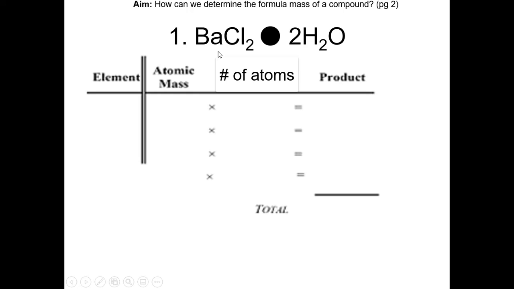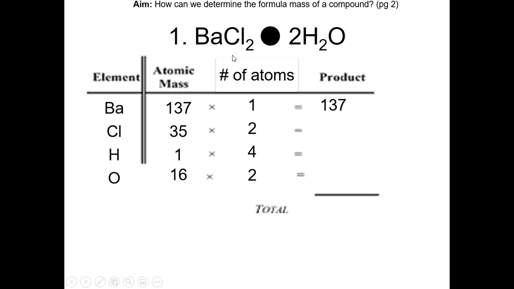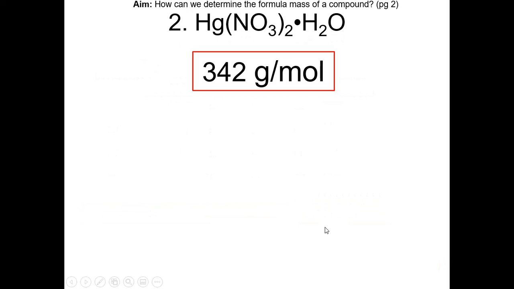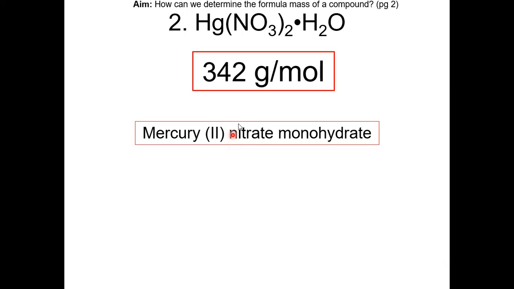For the remainder of the practice, I want you to figure out the GFM and the name of each hydrate. Pause the video and resume once completed. So here are the answers. The name is barium chloride dihydrate, and here's the GFM. For question 2, it is mercury 2 nitrate monohydrate, and here's the GFM.